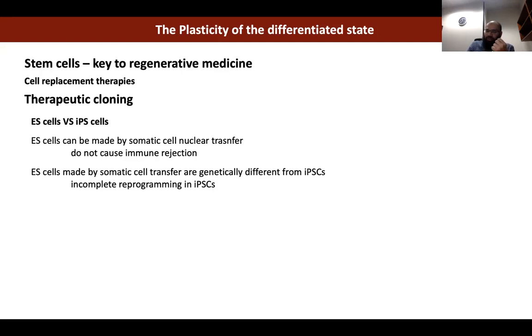But in induced pluripotent stem cells, this problem is even more severe: the epigenetic landscape is different from the embryonic stem cells. So it still has some imprinting issues, and it still has a lot of genes that are not fully reprogrammed, or that are not completely silenced or activated as they should be in stem cells.